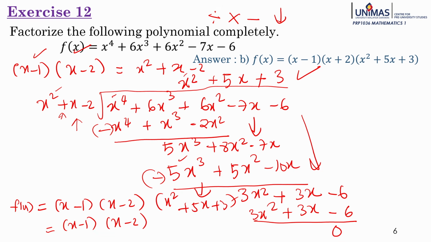Sorry, this one we cannot factorize. I forgot to mention, when we try to factorize here, we cannot get an answer. So this is maintained as x squared plus 5x plus 3.